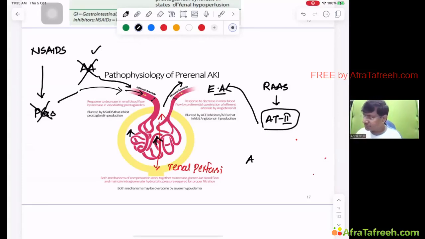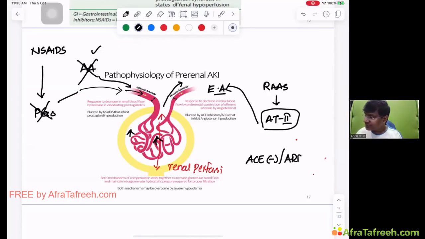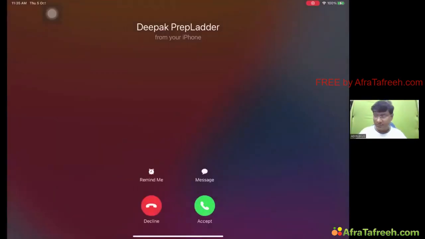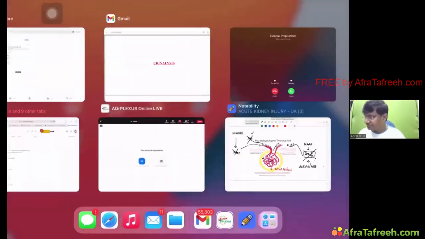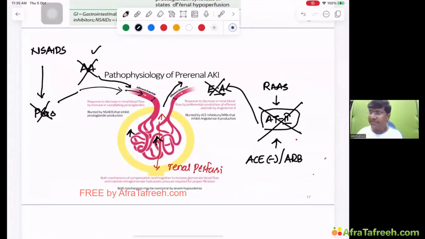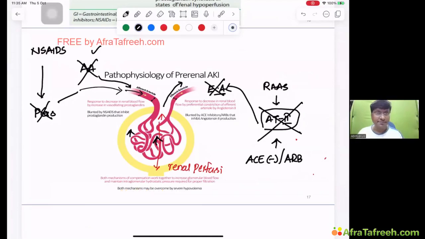For example, you have given an ACE inhibitor or an angiotensin receptor blocker. What will these drugs do? These drugs will inhibit angiotensin 2. So once angiotensin 2 is inhibited, the efferent arteriolar constriction does not occur.